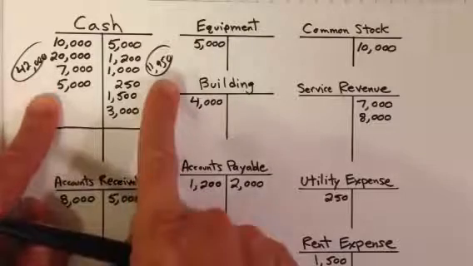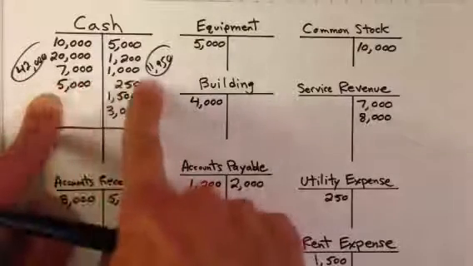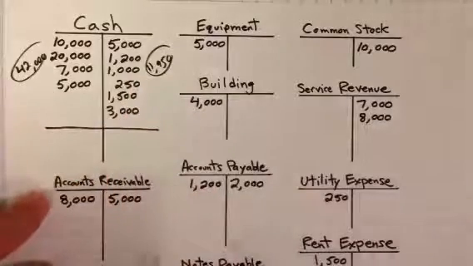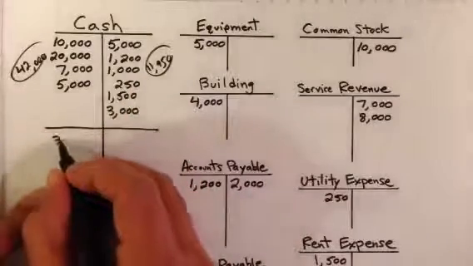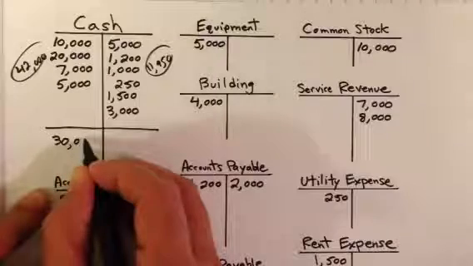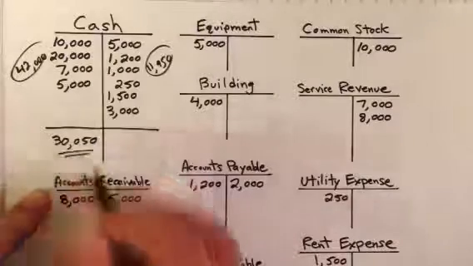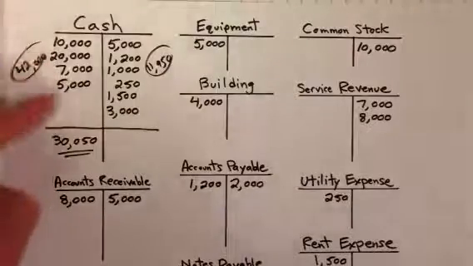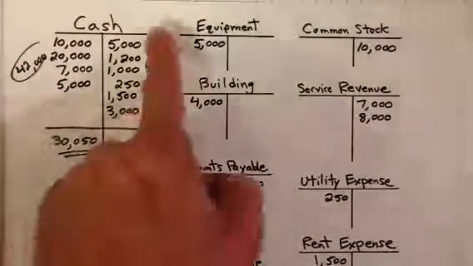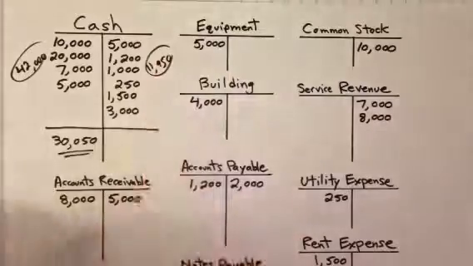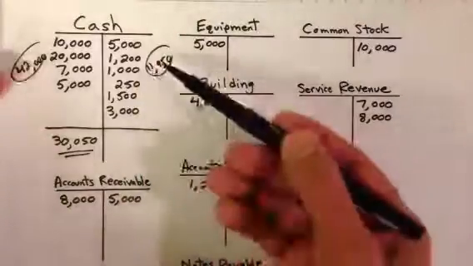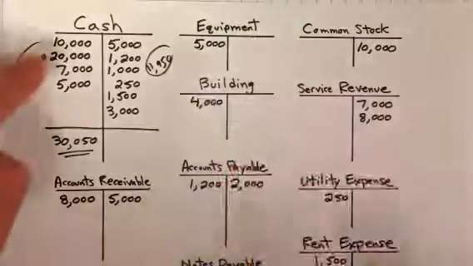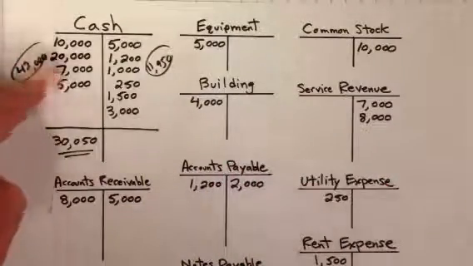Since the left side is bigger than the right side, when we subtract, the difference turns out to be $30,050, and that balance is on the left side, where it's a larger number. Does everyone see that? 42,000 were in the left column, 11,950 in the right column. We took those two totals and then we subtracted. We took the difference, we netted them, and the number was larger on the left in the debit side.